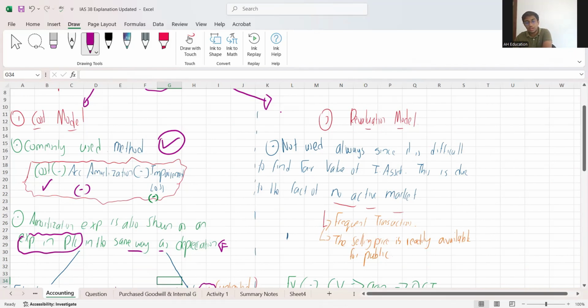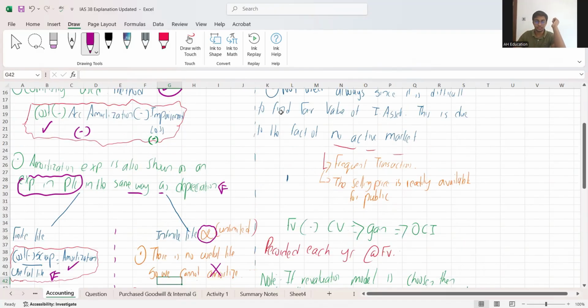And also, if you have any impairment expenses, that also needs to be deducted. It's the same way you find carrying value for tangible assets. That's the same way you use for the cost model also, except here and there the terms are different.